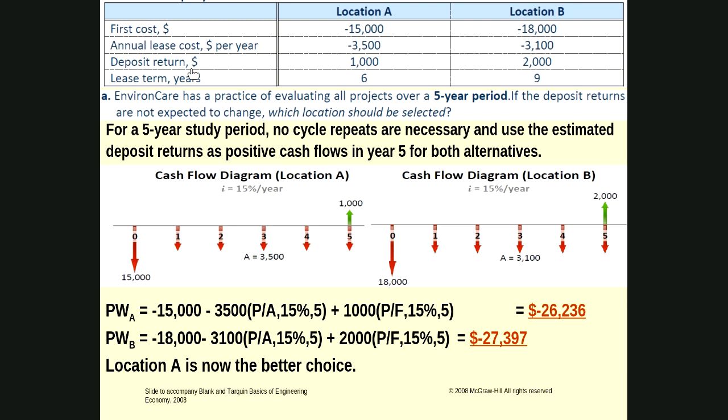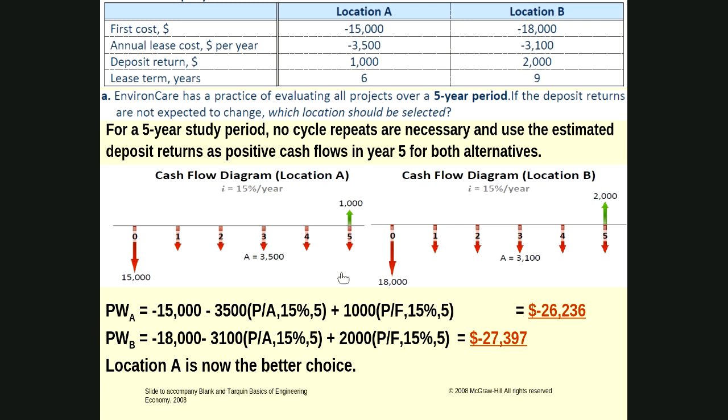This is only if you have two salvages and one of them is specified for the study period. If there was only one salvage or one deposit return given in the question, you take it and use it as is for the specified period. Okay? We will see, I think, in the future an example with that notification.